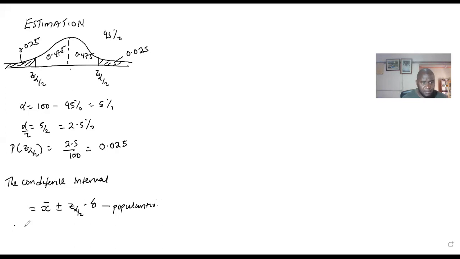Then for a sample, you'll have x bar plus or minus Z alpha over 2 times sigma over root of n. This is for a sample. Remember, the variance for a sample is sigma squared over n, whereas the variance for a population is just sigma squared. So if it's a population, you get the confidence interval from the mean plus or minus Z alpha over 2 times sigma. If it's a sample, you get it from Z alpha over 2 times sigma over root n.